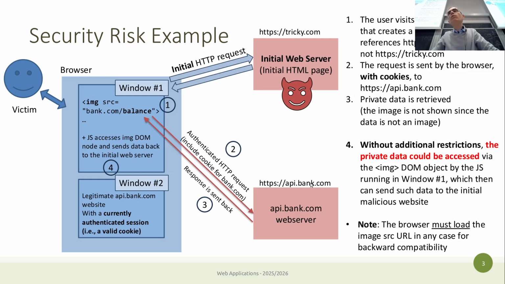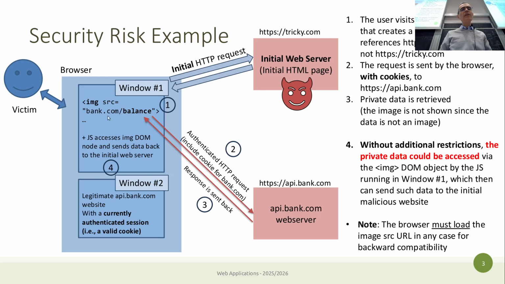Your bank is very sophisticated, so it develops websites as we learn in this course, right? It creates a website with APIs, okay? And there is a server that serves information through these APIs to a client that is written in JavaScript and so on, okay? So there is this api.bank.com that can answer requests from the official web server of your bank, okay?